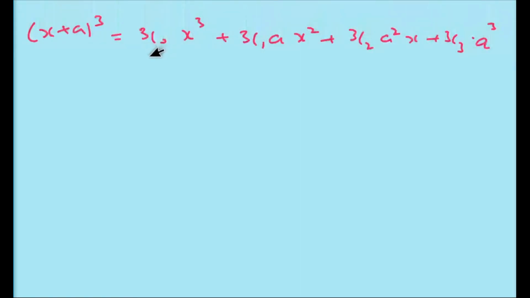So now you can see here this 3c0, 3c1, 3c2, 3c3 we are describing here, and the power of x is reducing, x cube, x square, and x, and the power of a is going 0, 1, 2, 3 and so on. This is the expansion of the binomial theorem.